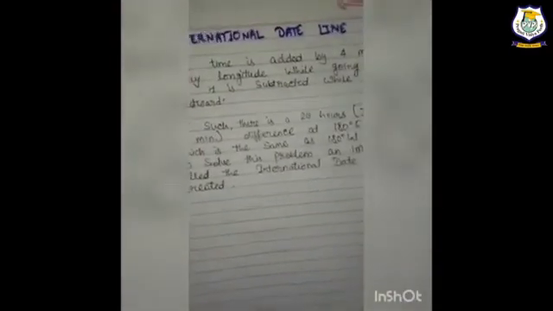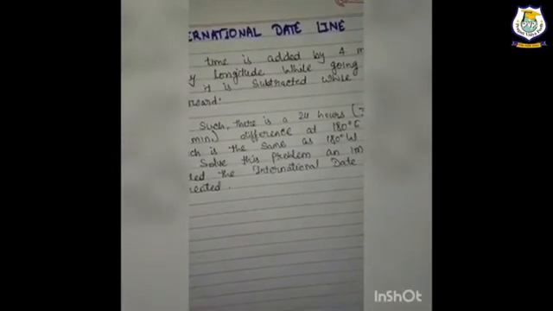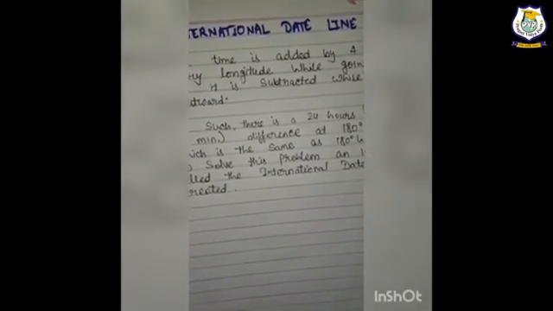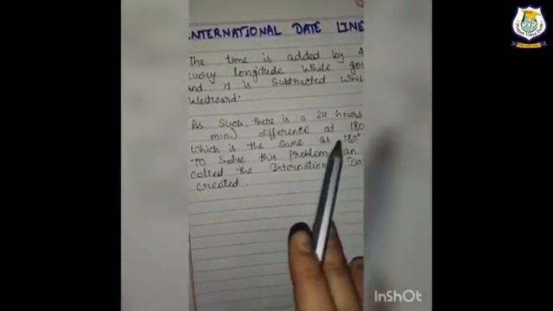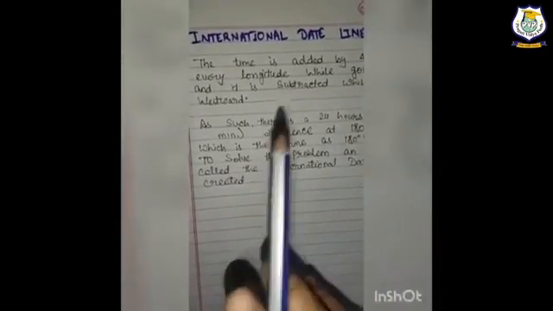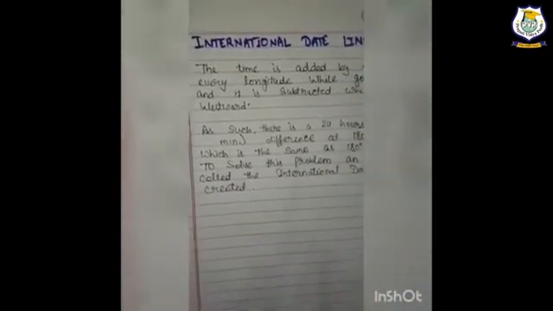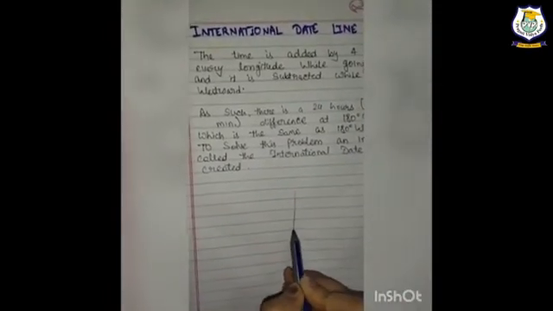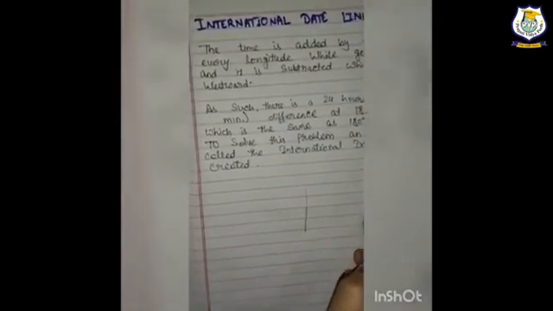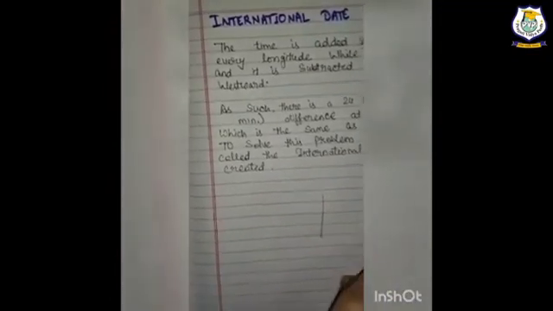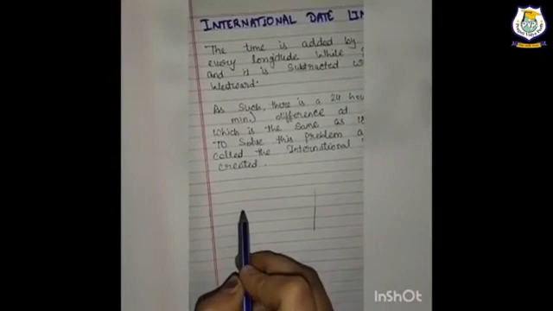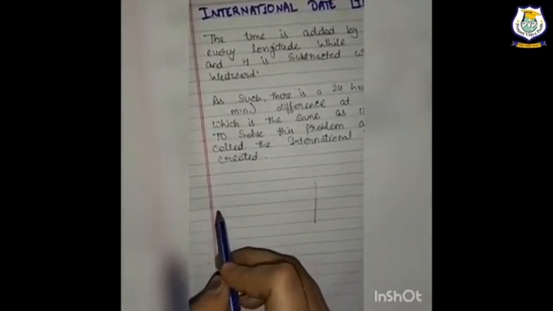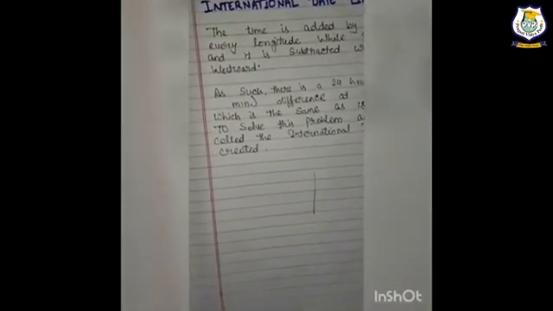We know that time is added by 4 minutes for every longitude while going eastward, and it is subtracted while going westward. I repeat, if we move eastward from the prime meridian, we add 4 minutes, and if we go westward, we subtract 4 minutes from the time.